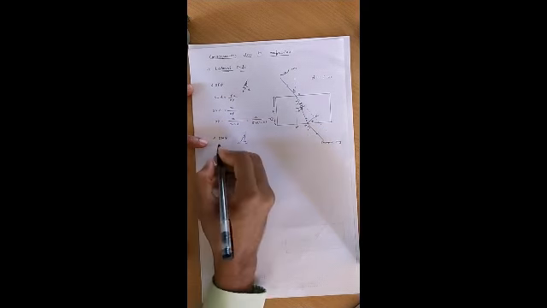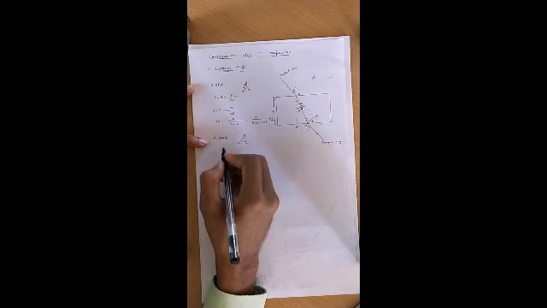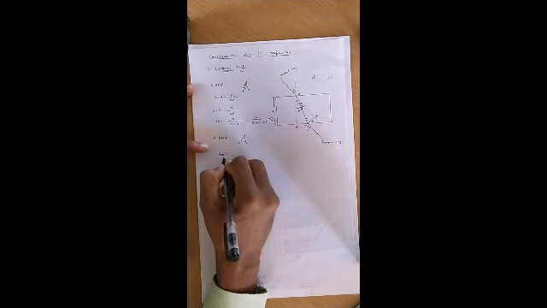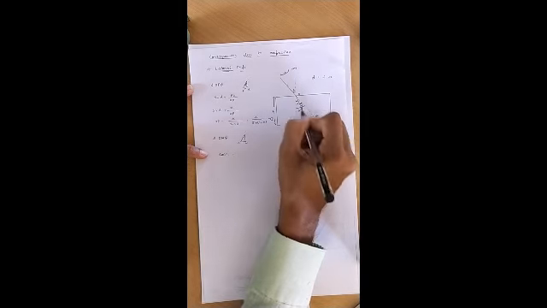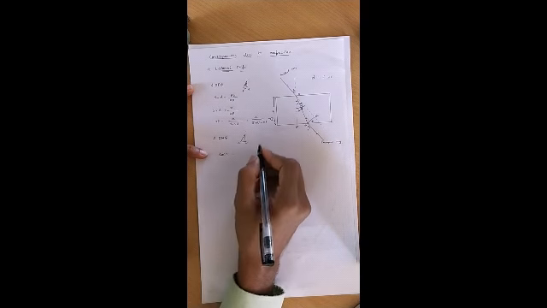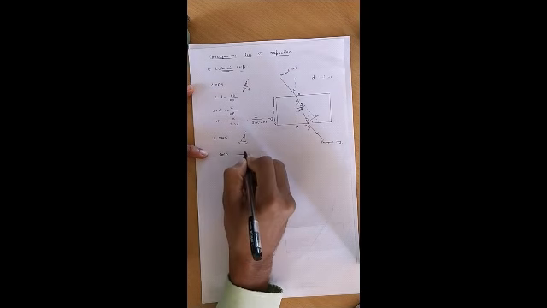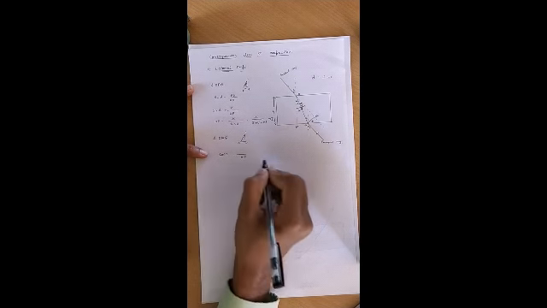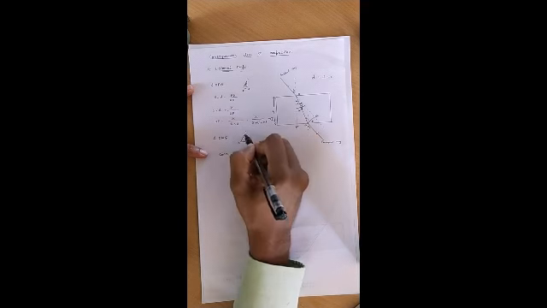Then again, using the second right angle triangle OMP, write the cos function: cos r is equal to adjacent divided by hypotenuse. Hypotenuse is the same for both sine and cos, that is OP.